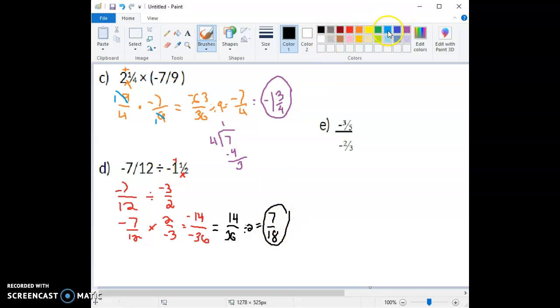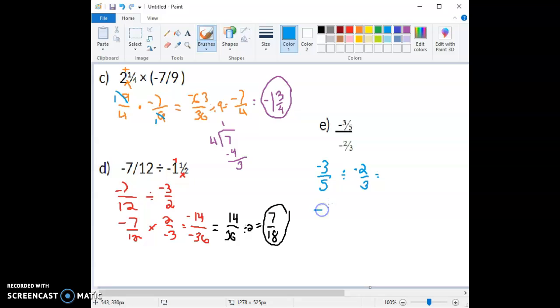Hopefully you tried E. It's going to look like this. Negative 3/5 divided by negative 2/3. Okay? And I'm going to get, whoopsies. So I just made a little mistake.